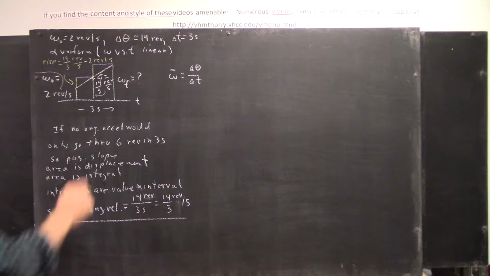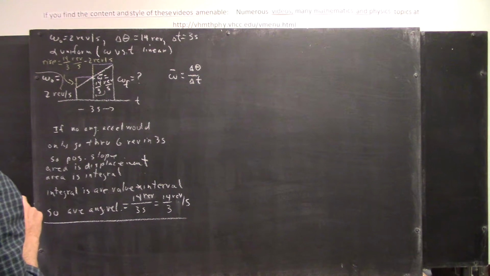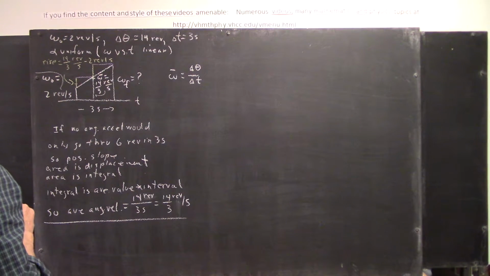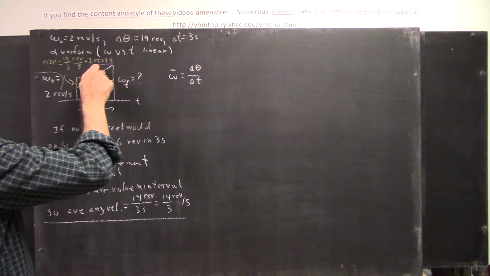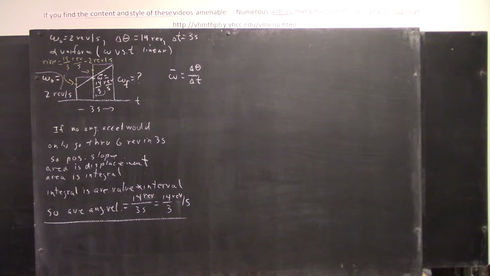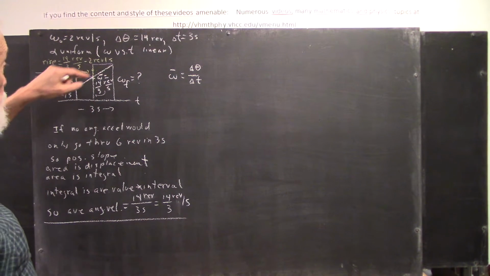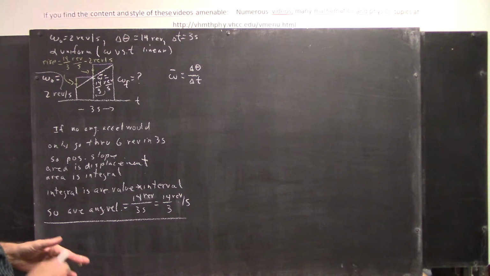That's the rise: 14/3 revolution per second minus 2 revolutions per second. And of course, this rise being equal to this rise, that's also the rise here. So the total rise from here to here is the total change in angular velocity.